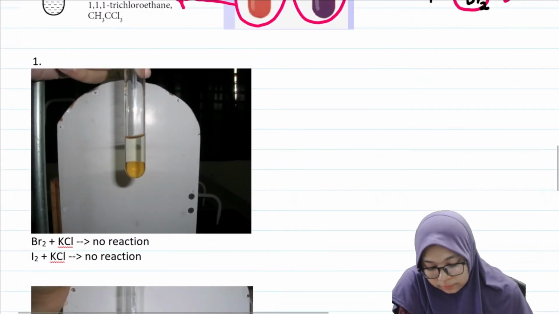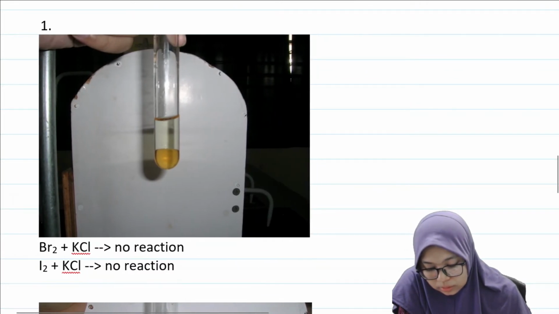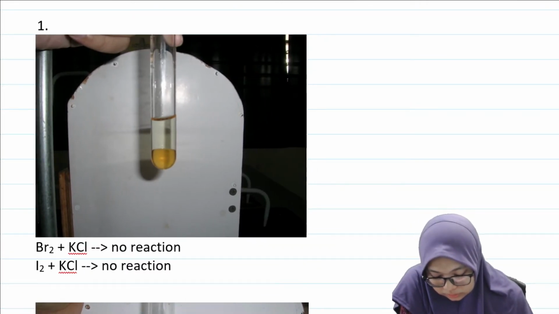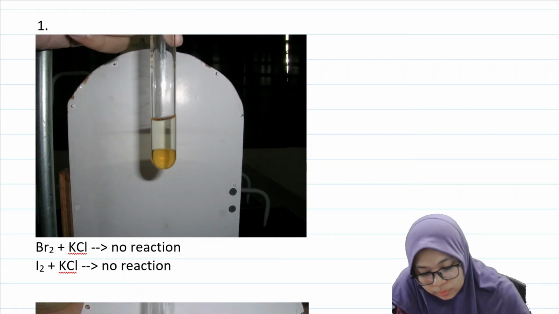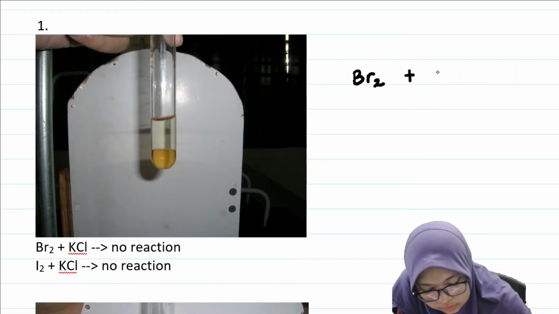Let's see the first experiment, where we react bromine with potassium chloride. Bromine is below chlorine, so bromine is less reactive than chlorine.